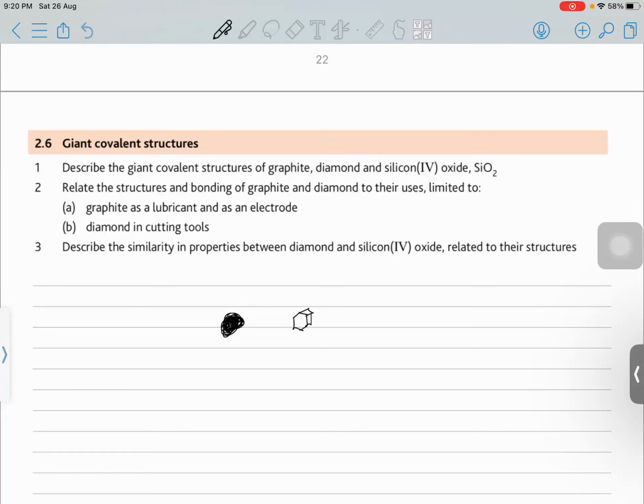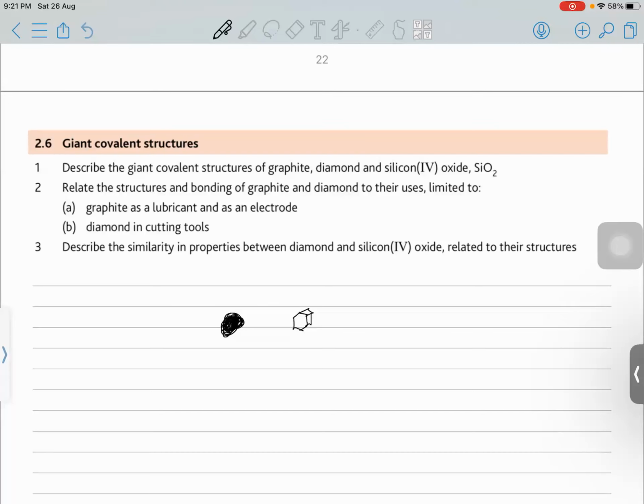So both are allotropic forms of carbon. But their physical appearances are different, right? So allotropes are those elements which are physically different, but chemically they are the same. Are you getting my point or not?